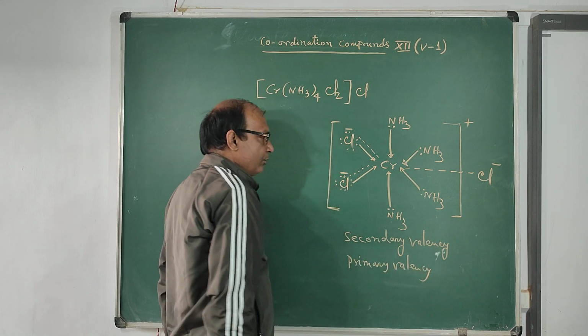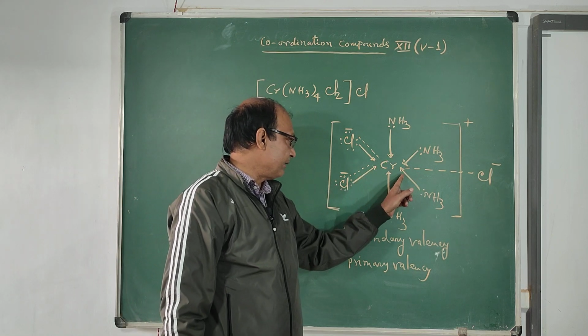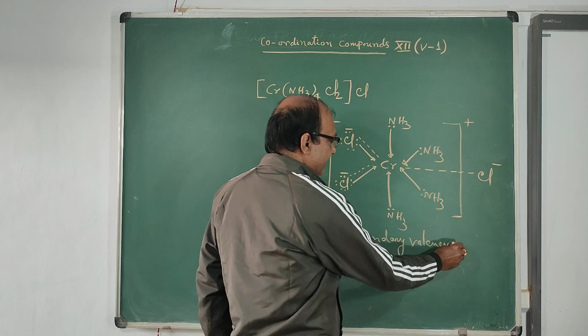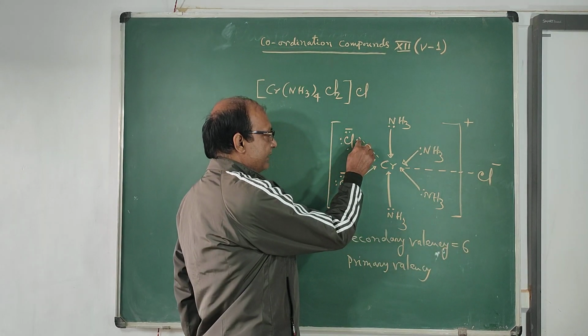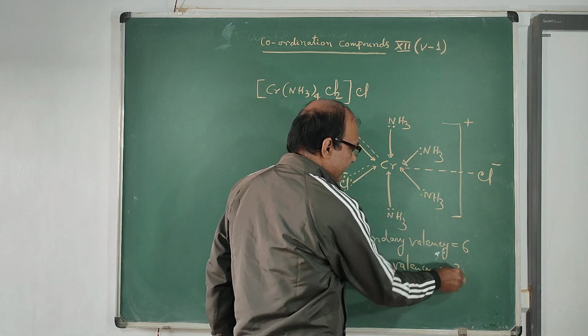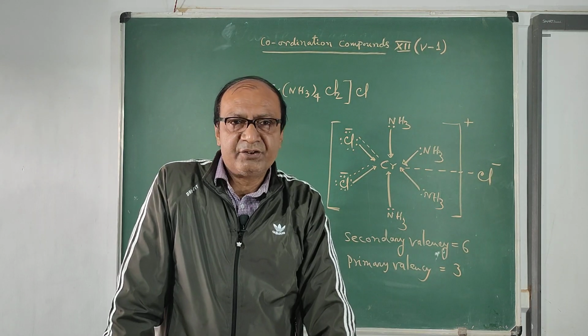If you count the secondary valencies, you will see there are 6 secondary valencies because there are 6 coordinate bonds. The primary valency, that is ionic bonding, is 1, 2 and 3. Primary valency is 3. Secondary valency 6 and primary valency 3.